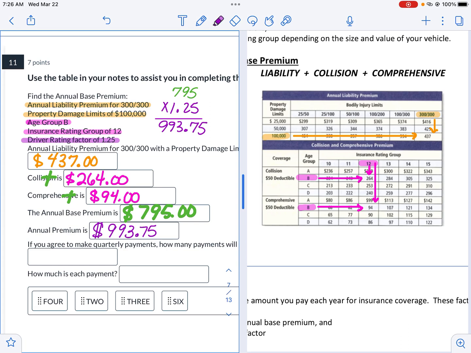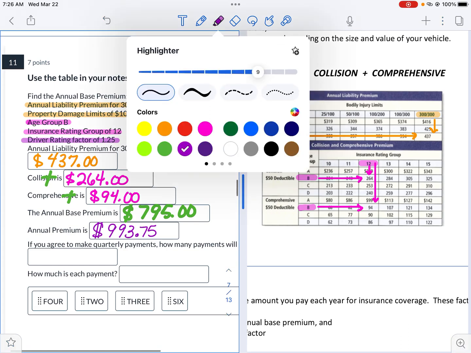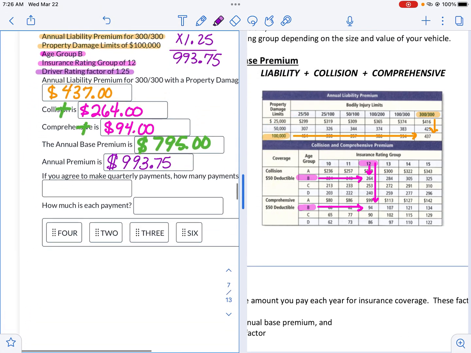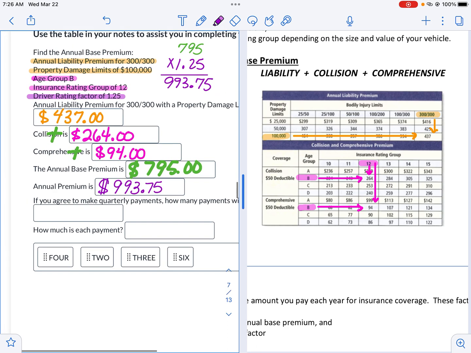Again, this person ends up making quarterly payments. What color did I do the payments in? Blue. This person's doing quarterly payments. So quarterly payments, quarter means 4.